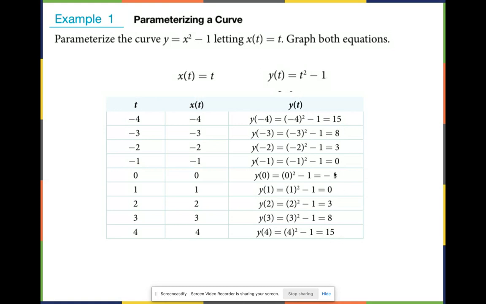We can fill in this table. So for a given t value, we have an x value and a y value: -4, 15. If t is -1, we have the point -1, 0. And so forth. And we could plot these.